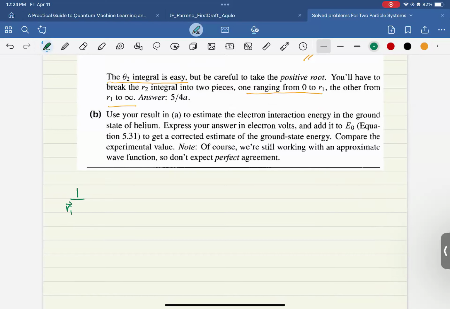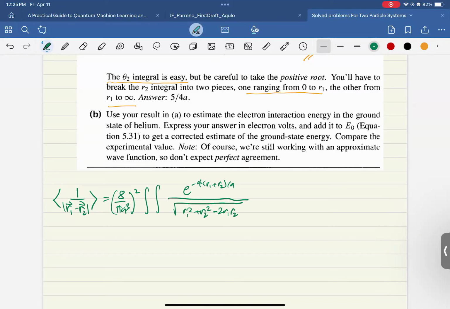So 1 over |r1 minus r2|, okay, ay equal sa, okay, so 8 over pi a cubed, squared, then double integral ito, okay, ng exponential minus 4 (r1 plus r2) over a, everything divided by square root ng r1 squared plus r2 squared minus 2 r1 r2 cosine theta 2.